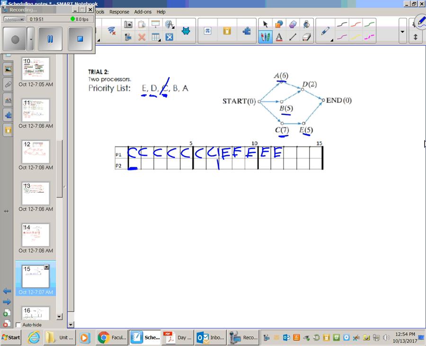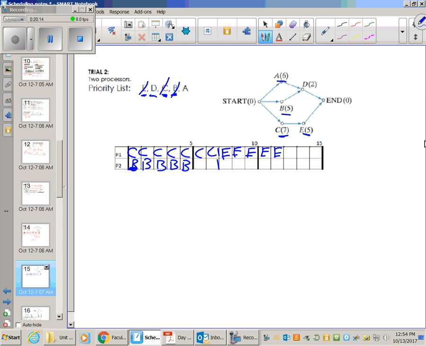All right, moving on to D. Well, D still requires that we need A and B, so we're going to skip it and go to B. B is ready. That's good. So B has no precedence, which means I can give that to P2. 1, 2, 3, 4, 5.